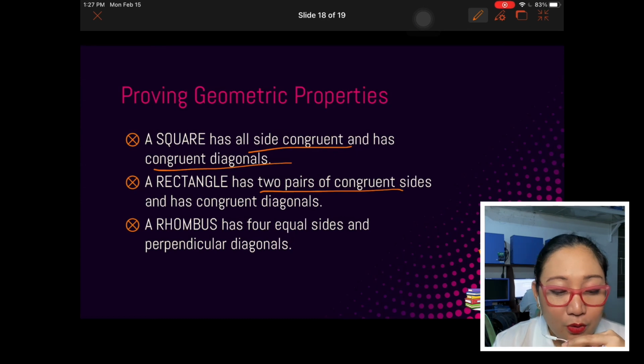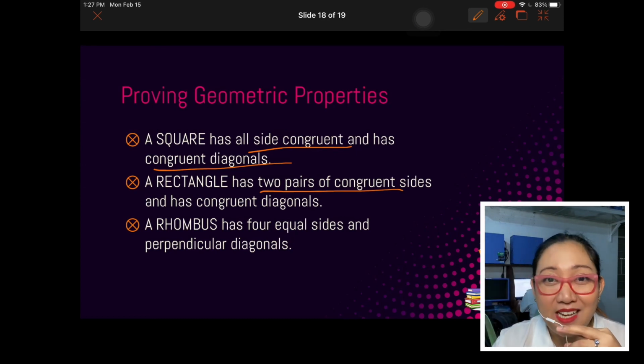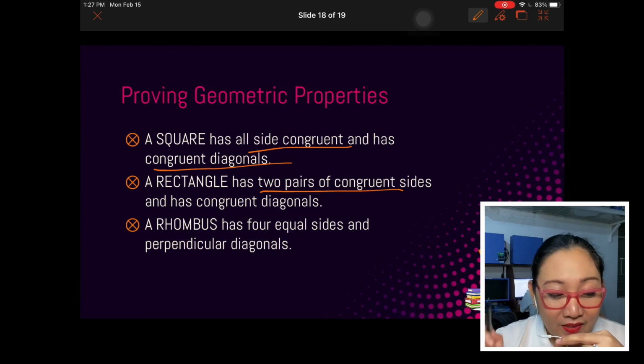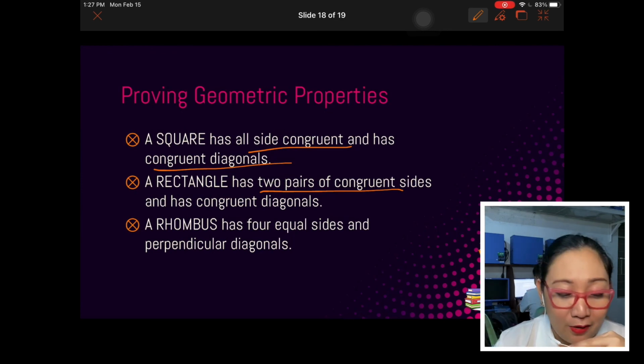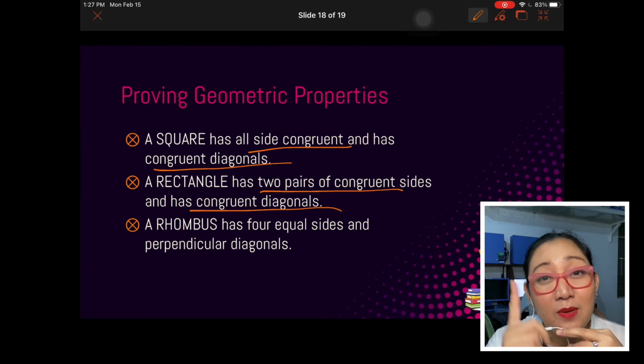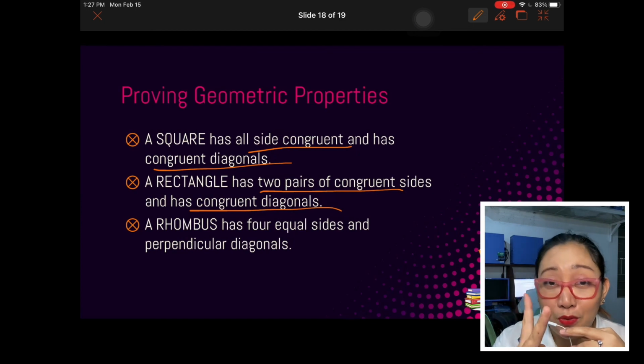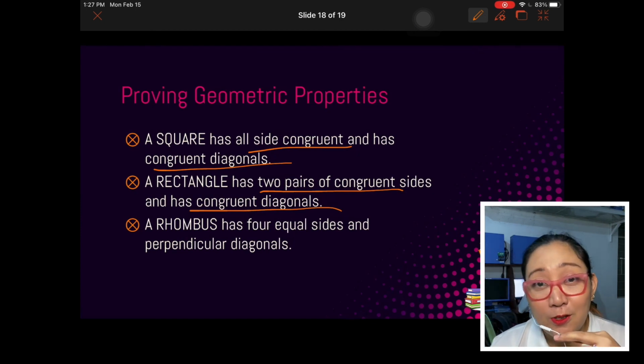You have two pairs of congruent sides. Yung magka-opposite, kailangan congruent sila. And then, it has congruent diagonals. Dalawang condition ang kailangan niya masatisfy. Pag isa lang, hindi mo siya matatawag na rectangle agad. Kailangan both conditions.